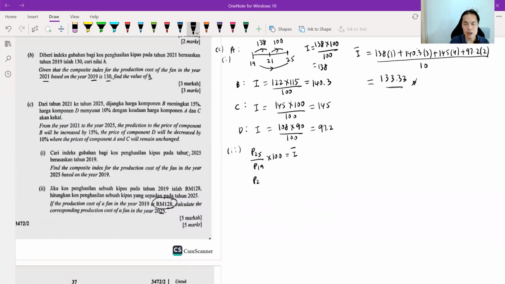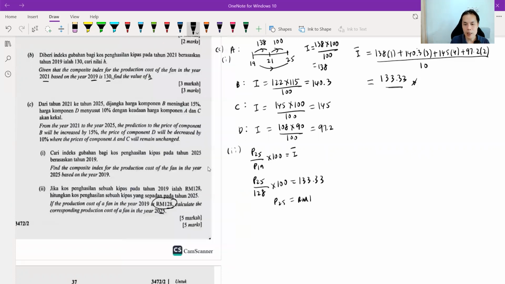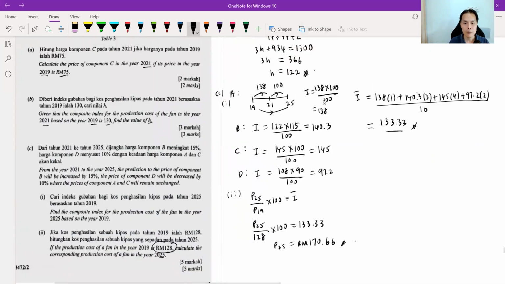We're going to find the production cost in year 2025. In 2019 it is 128. Multiplying by 133.33 and dividing by 100 on the calculator, there you go: 170.66. This is RM170.66. All right, so we are done with the discussion of this Selangor paper 2.